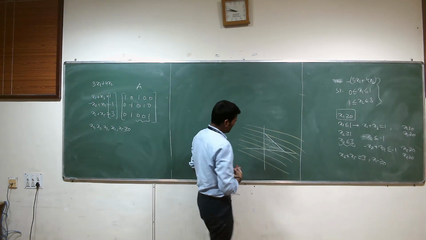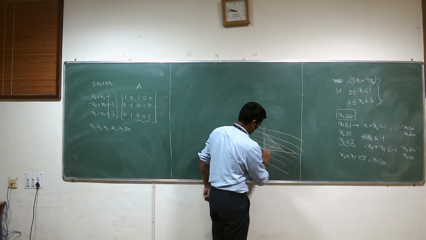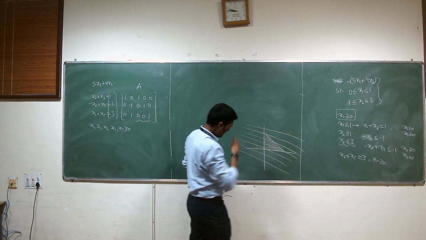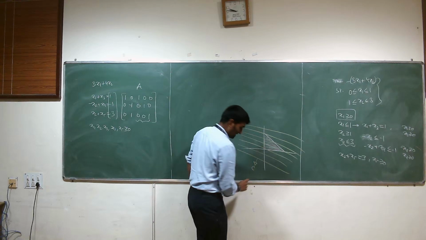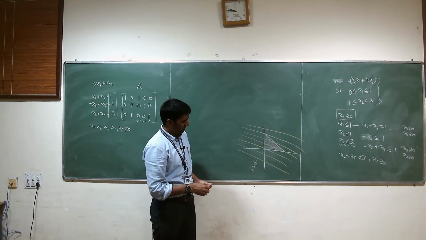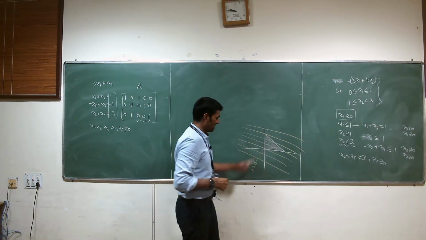This is the region over which you can search. And let's assume this is C. Based on this, where do you think the minimum is for this problem?